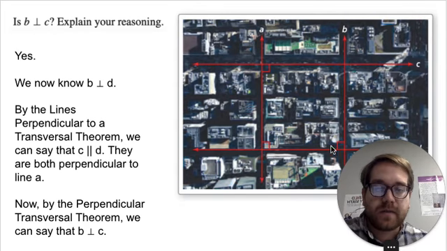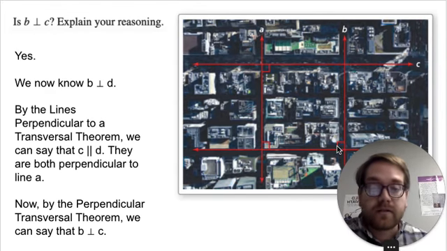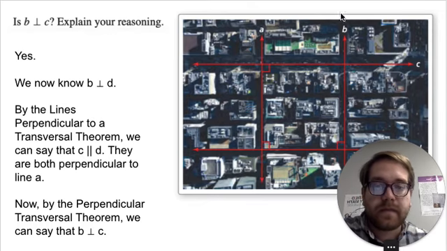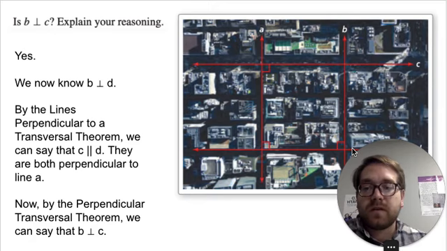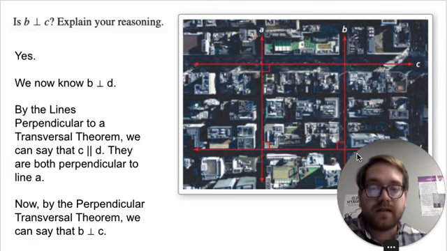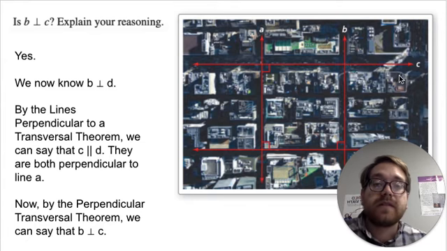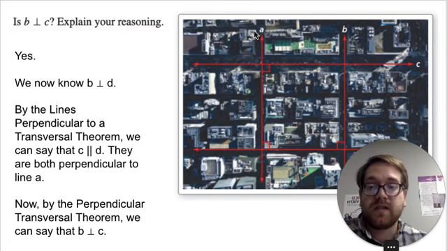This little symbol is a right angle, so that means line B is perpendicular to line D. And the lines perpendicular to a transversal theorem says that C is parallel to D because they're both perpendicular to A. Since C is perpendicular to A and D is perpendicular to A, C is parallel to D.